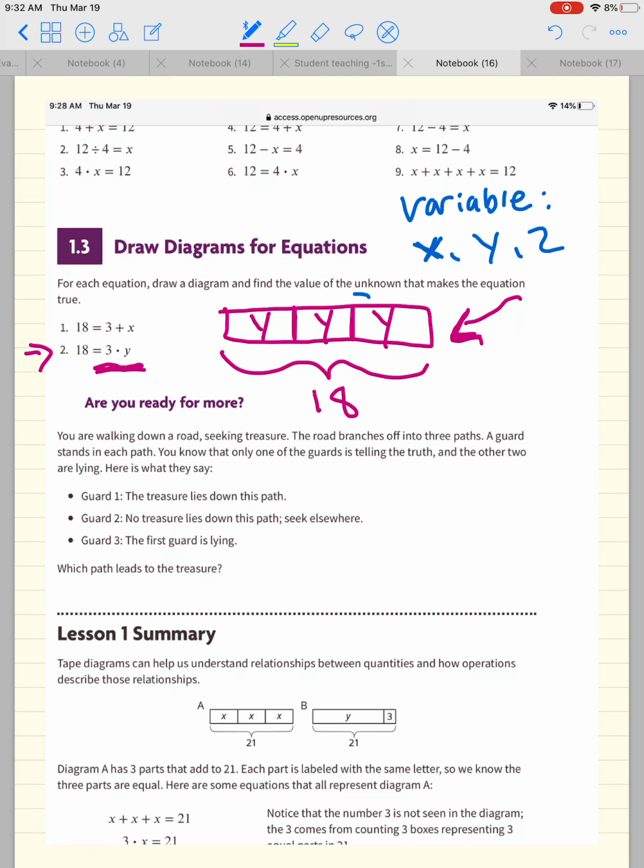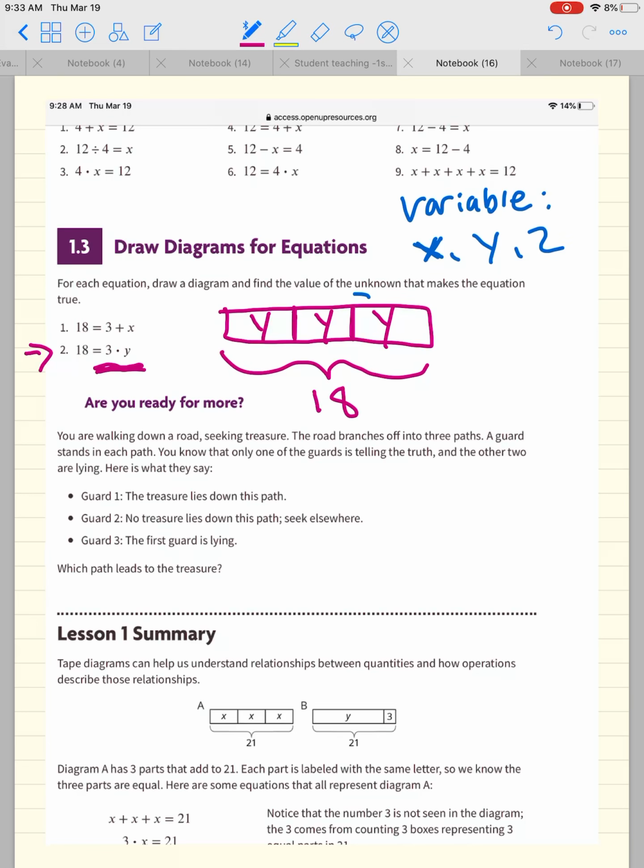What value could make it true? So there's a couple ways we could do this. You could try a number and plug it in and see if it works. So for instance, let's say 5. If I think that y is 5, I could do 5 plus 5 plus 5, and that's going to equal 15. So I know that 15 is not 18. So that is not correct.